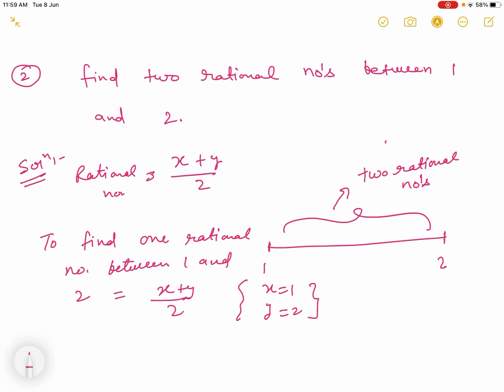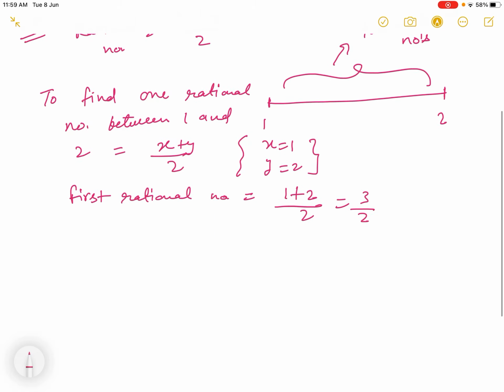So our first rational number would be (1 plus 2) divided by 2, which is 3 by 2. Right.